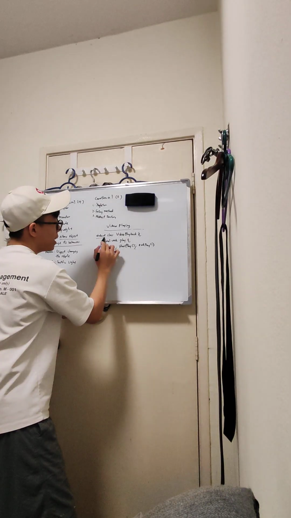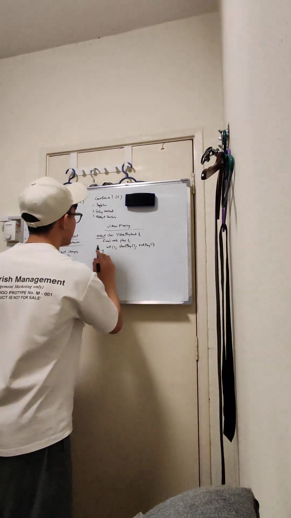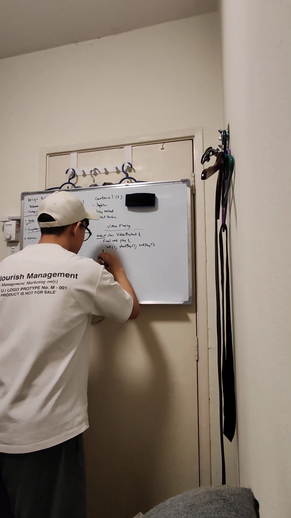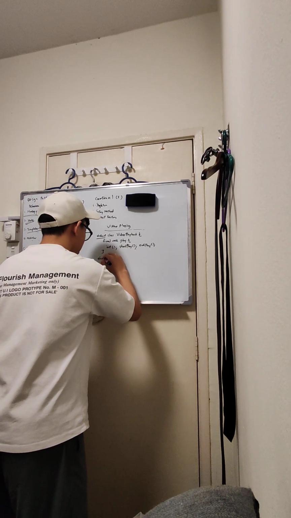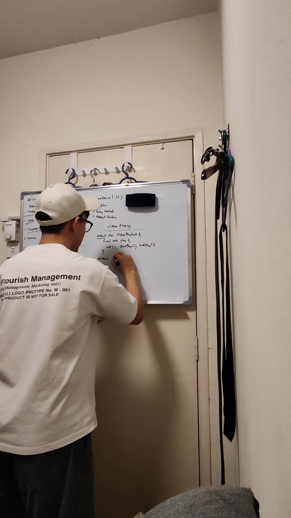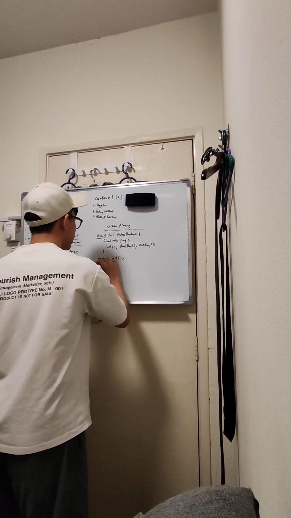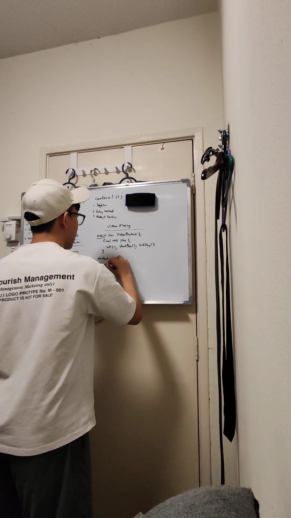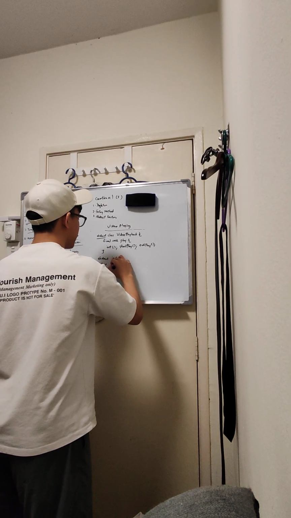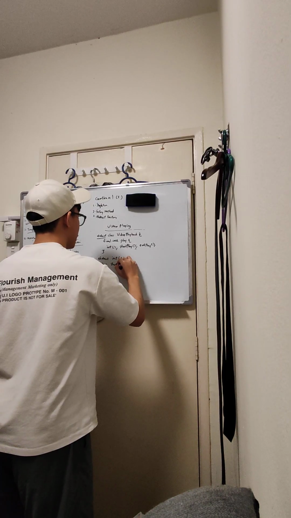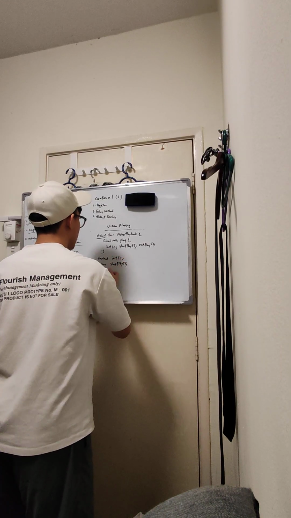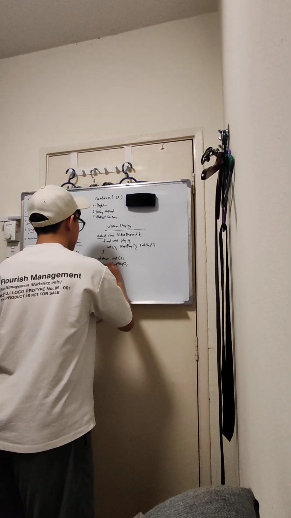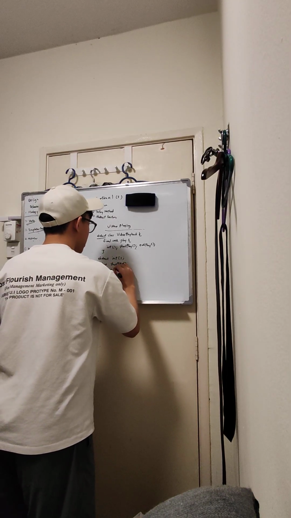Then if you see abstract class, just call abstract init. Same thing, define it, and then abstract start play, abstract end play.